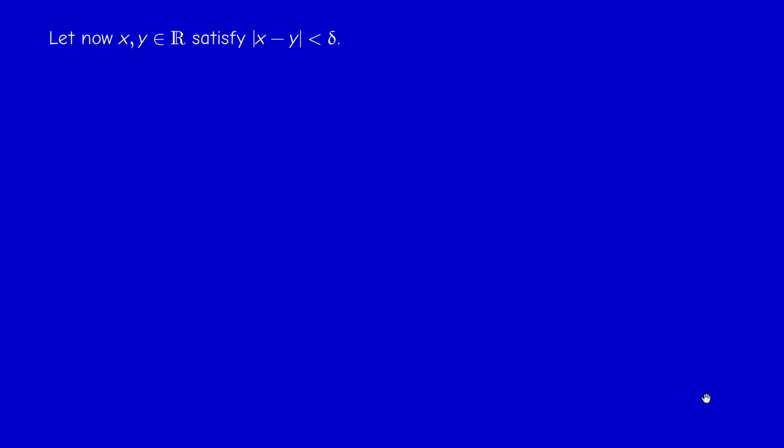Now I need to prove that this delta works for every x and y in R. After relabeling, you can always assume that x is less than y, because one of them is less than the other. If x equals y, it's trivial actually.